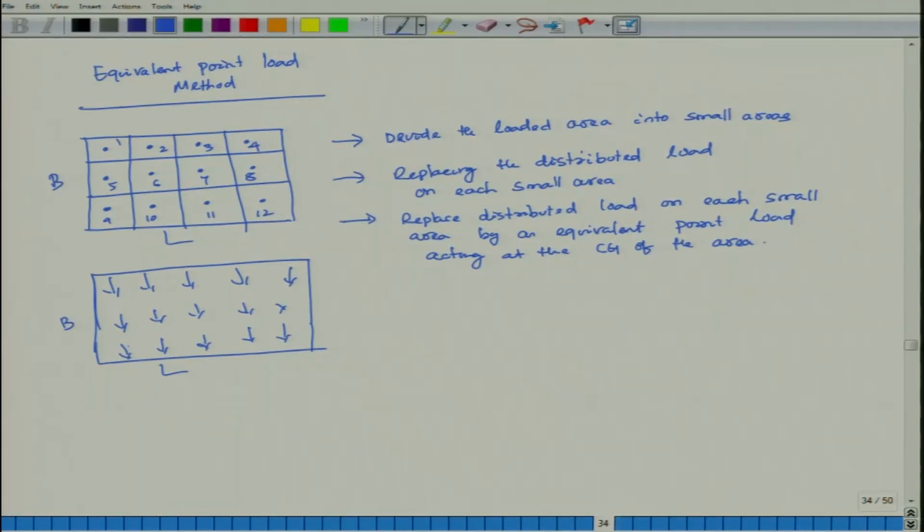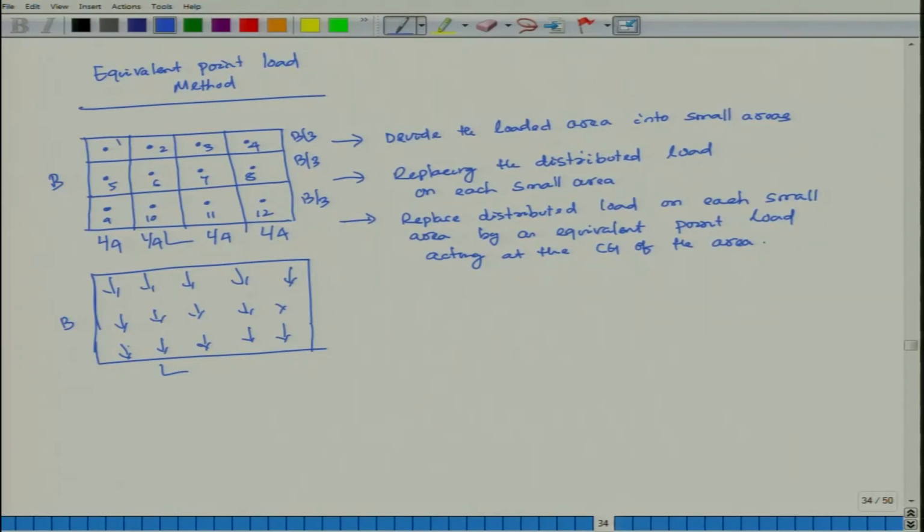So, if you divide into 3 equal parts, this will be B by 3, B by 3 and B by 3. Here it will be L by 4, L by 4, L by 4, L by 4. Equally you distribute small areas.